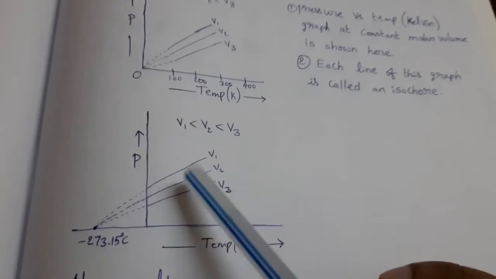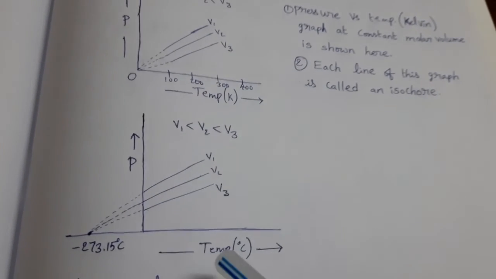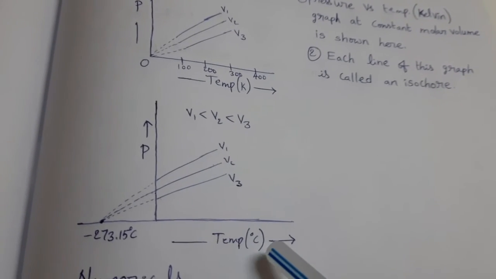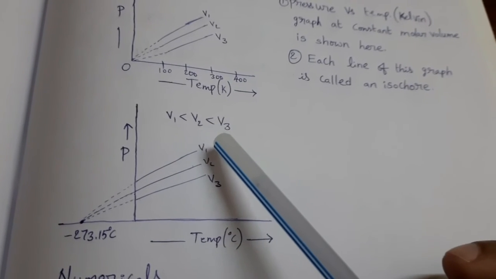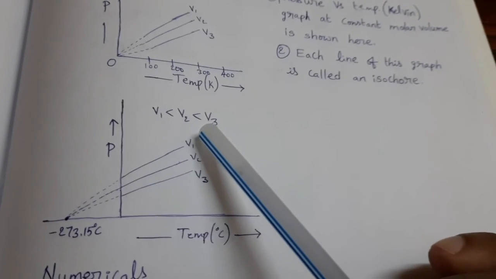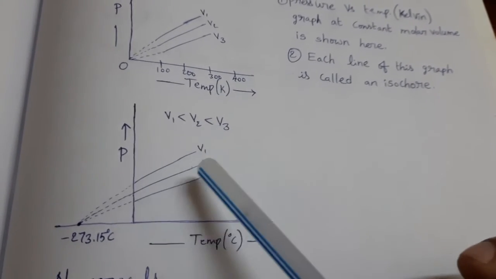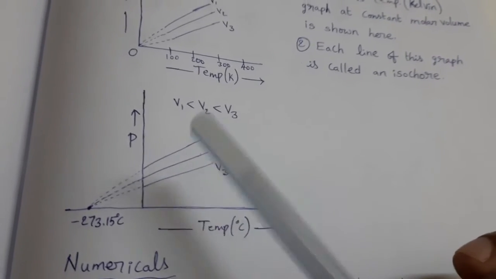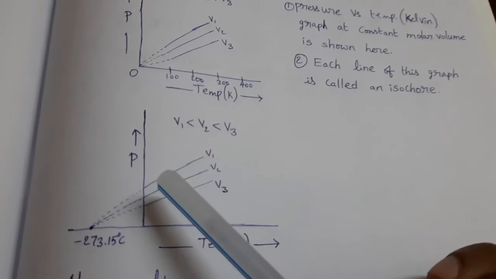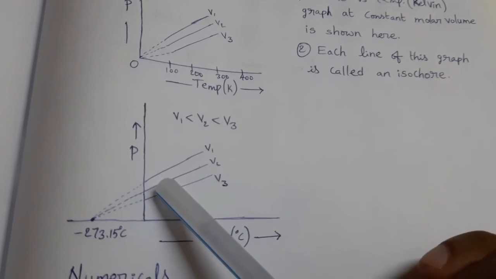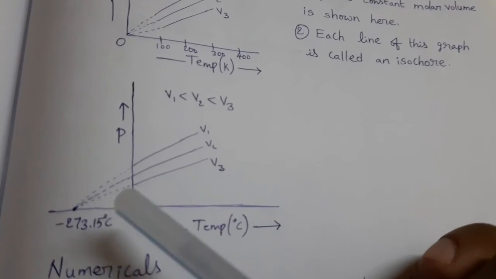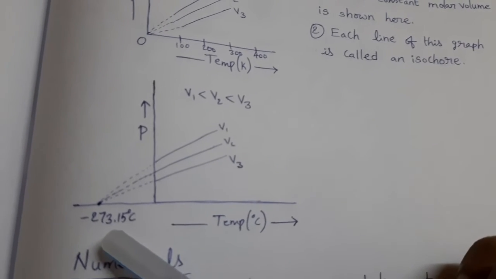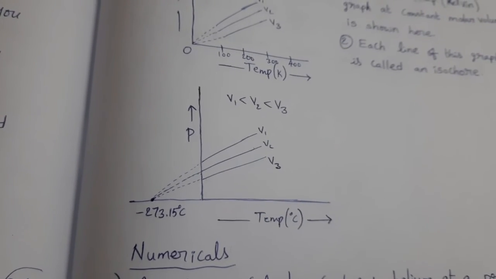So if we extend, pressure taken on y-axis, temperature in degrees Celsius taken on x-axis, at different constant volumes V1 we can get this curve, V2 we can get this curve, V3 we can get this curve. Okay, these curves if we extend, then they touch the temperature axis at the point minus 273.15 degrees Celsius.